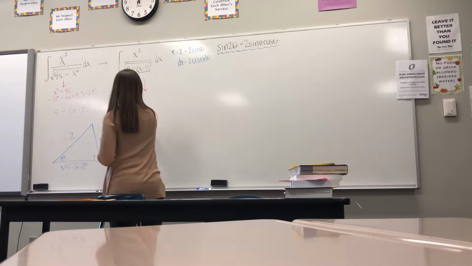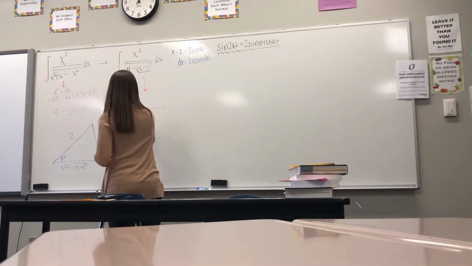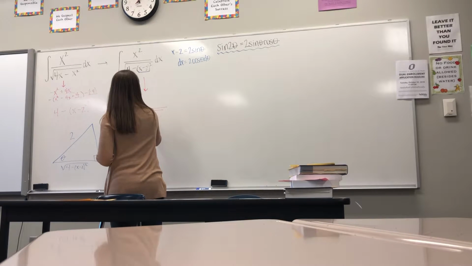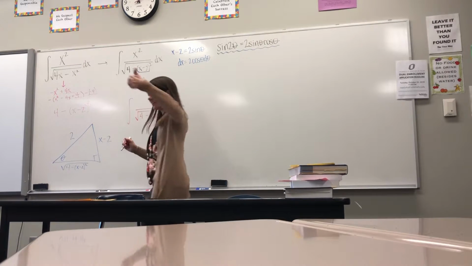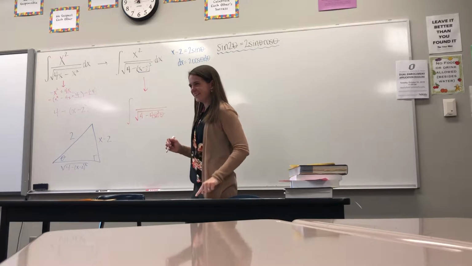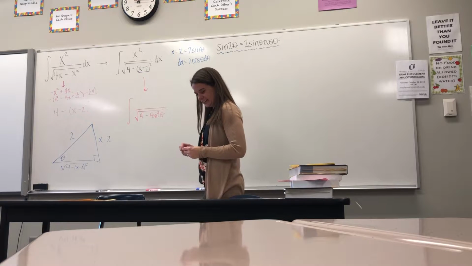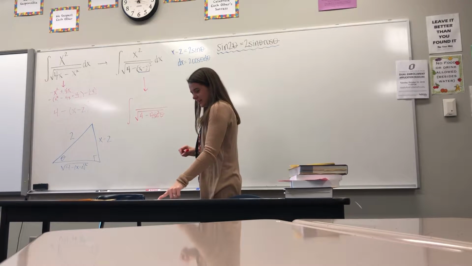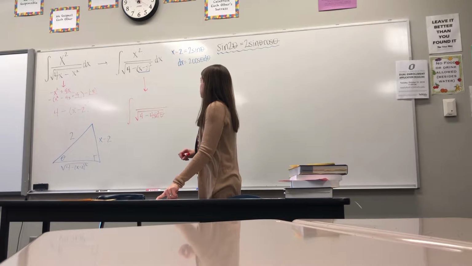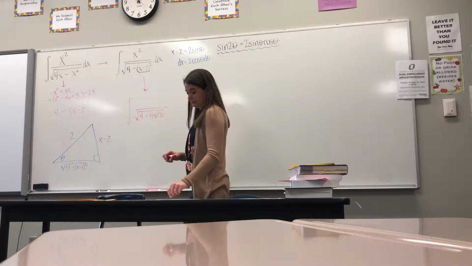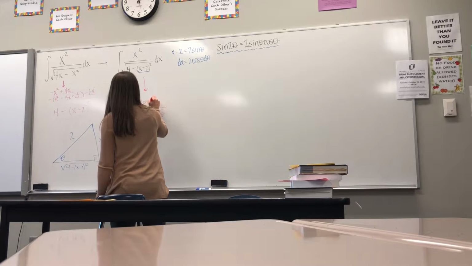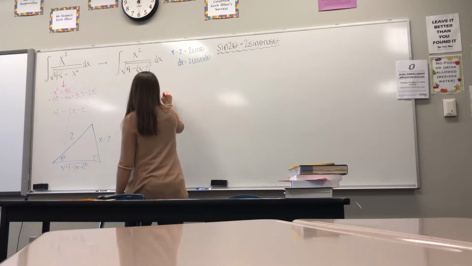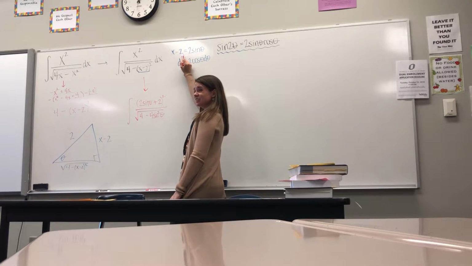So we have the integral of, let's take care of our denominator first, 4 minus 4 sine squared theta. Then x squared: x would be 2 sine of theta plus 2, because we would have to take this 2 and add it over to solve for x.